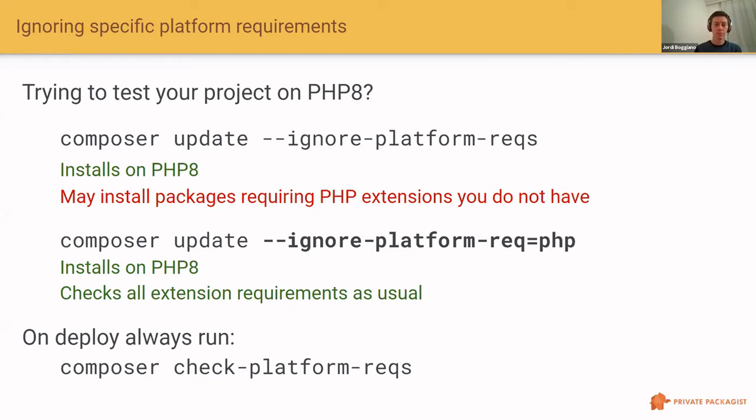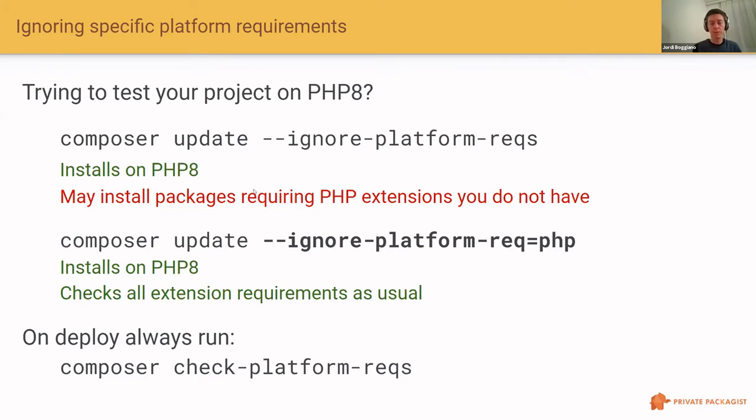That means all the PHP version and PHP extension requirements would get ignored. If you wanted to test, let's say, on PHP 8 and something didn't allow you to do that, you could use that to override it and say, hey, look, I don't care. I'll try my luck and just do it.